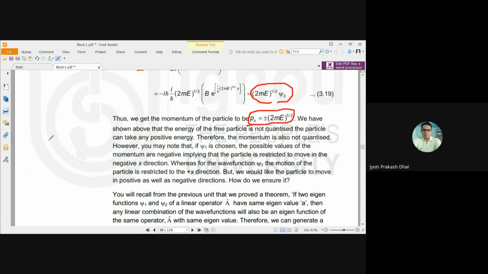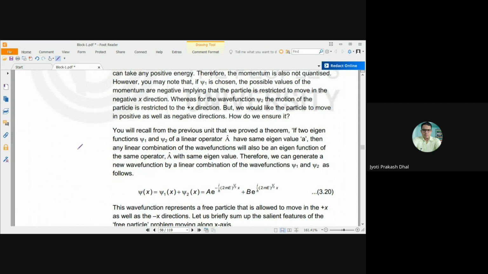Whereas if we take the second wave function psi2, the motion of the particle is restricted to the plus x direction only. But initially we have considered that the particle should move freely along the x-axis, whether towards the positive x-axis or the negative x-axis.